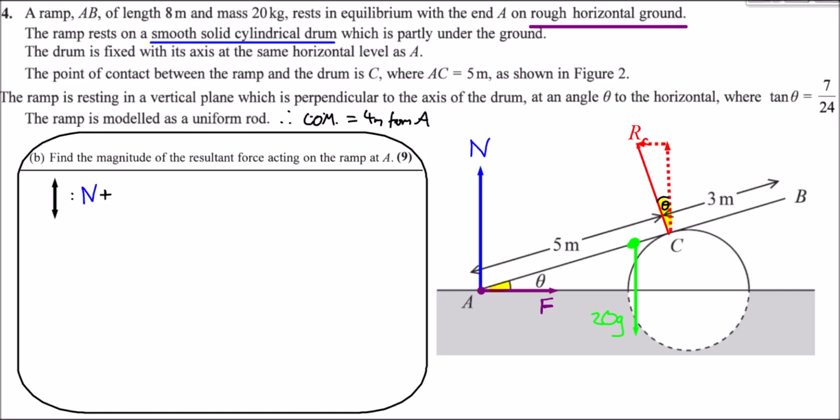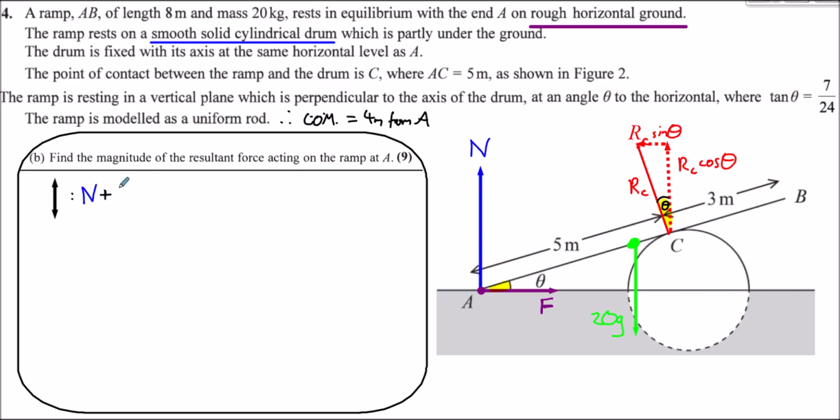The component which is going vertically up will be RC cos theta, and the component acting to the left will be RC sin theta. So in fact, I'll leave that as RC, and I'll label this as the original RC. So these are the resolved components, and RC is the hypotenuse. As you can see, the component of R going vertically up is RC cos theta.